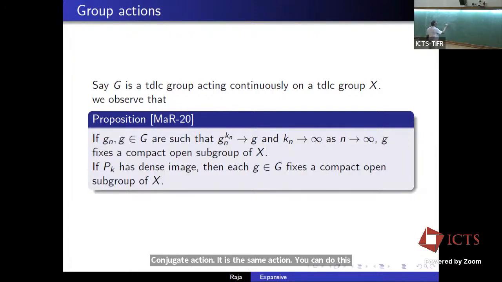If you simply take (g, x) and (h, y), or just an element x, and then the inverse of this, since it's already a group homomorphism, this will be g h g inverse, and this will be simply g of x.